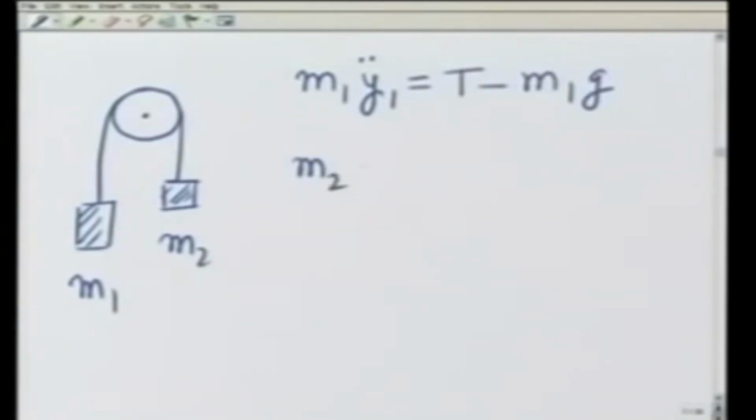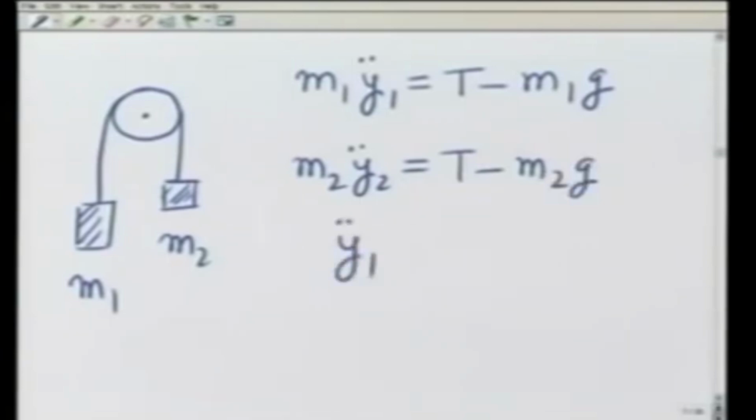I have m1 y1 double dot equals T minus m1g, m2 y2 double dot equals T minus m2g, and y1 double dot plus y2 double dot equals 0. I have 3 equations and 3 unknowns, and I can solve my problem.